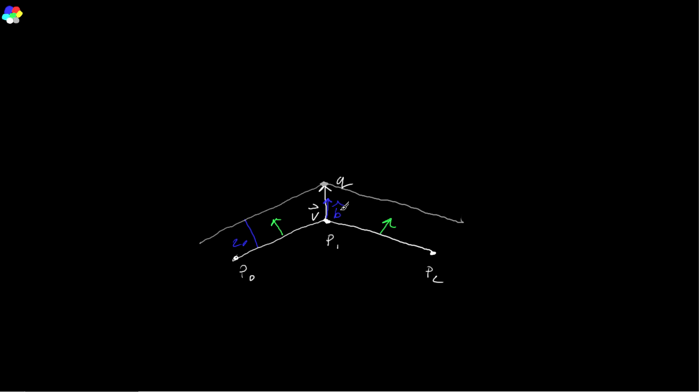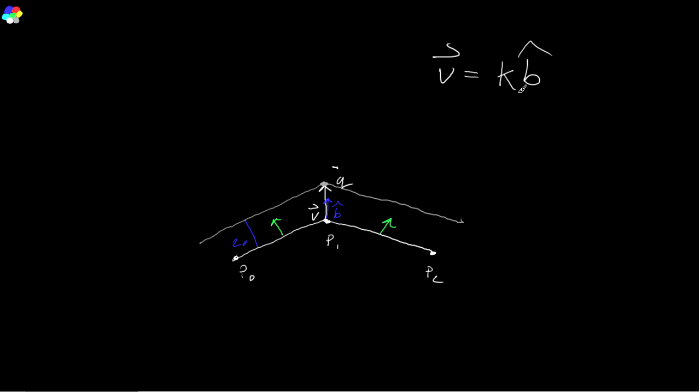So the question remains, how do we calculate Q? We know we can't just multiply B hat by 20. But let's say we want to multiply B hat by some scaling factor, and we'll call that scaling factor K. So vector v is equal to k times b hat.